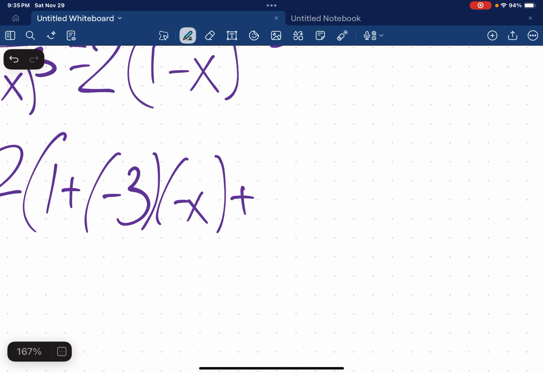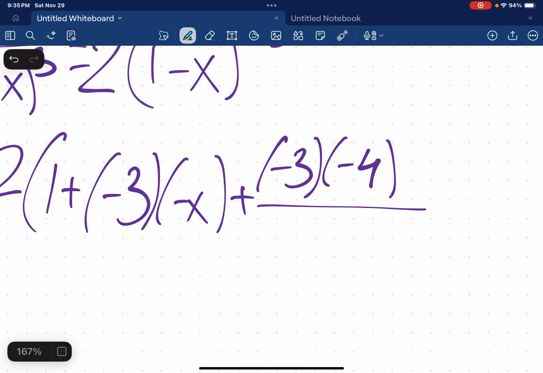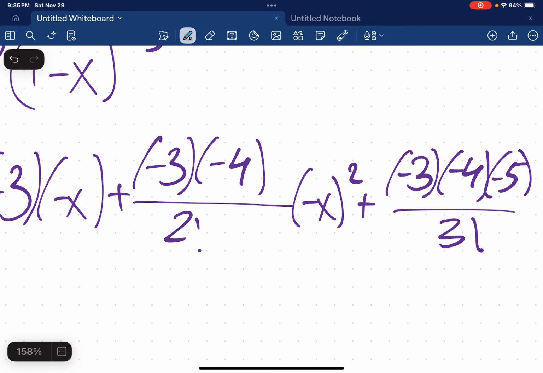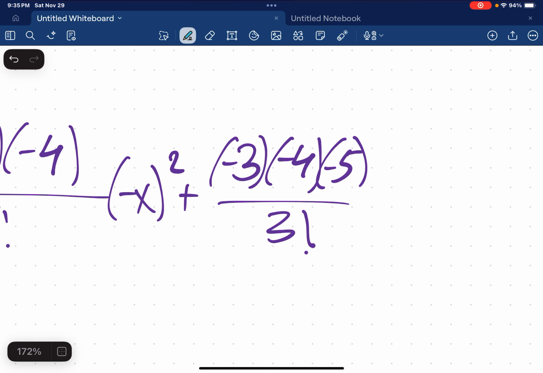plus negative 3, negative 4 over 2 factorial negative x squared plus negative 3 times negative 4 times negative 5 over 3 factorial, negative x cubed.